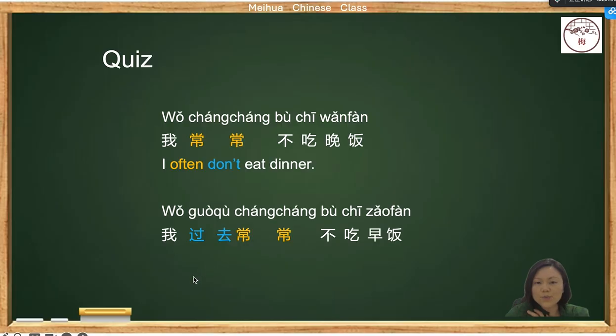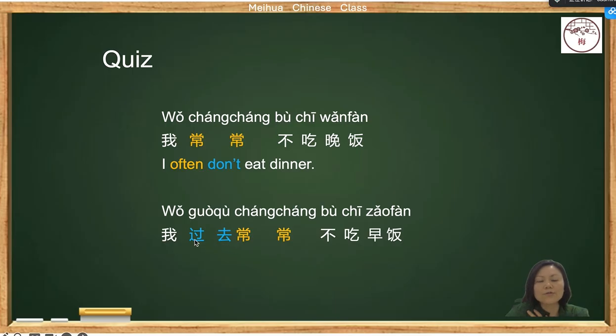As we've learned to tell the tense for a sentence, the first priority rule we should check is to see whether it has a time phrase in the sentence, right? In the first, we don't have any time phrase. But in the second sentence, we have this 过去.